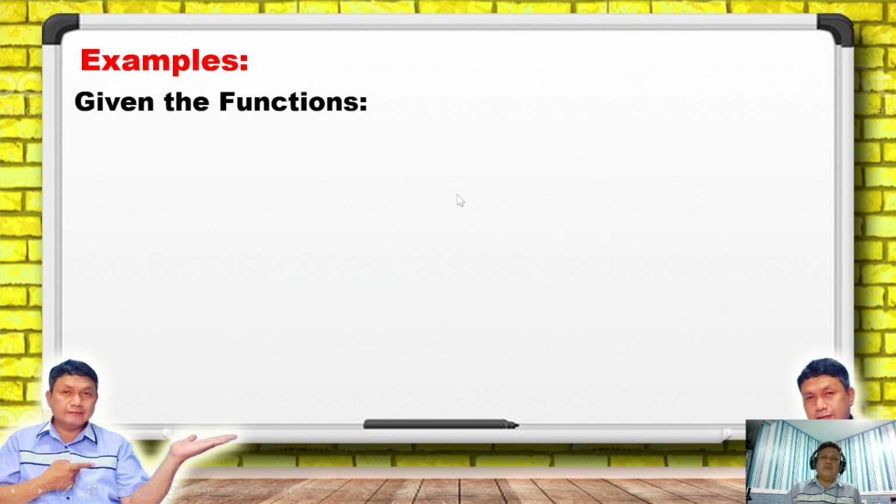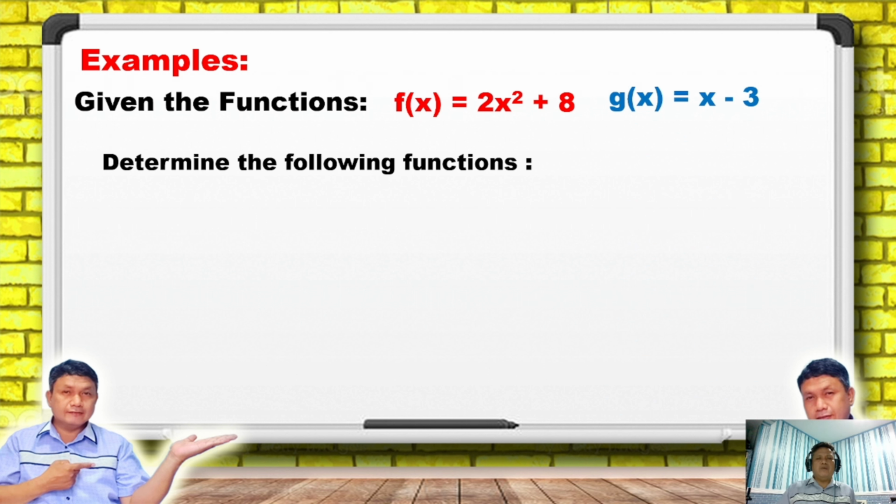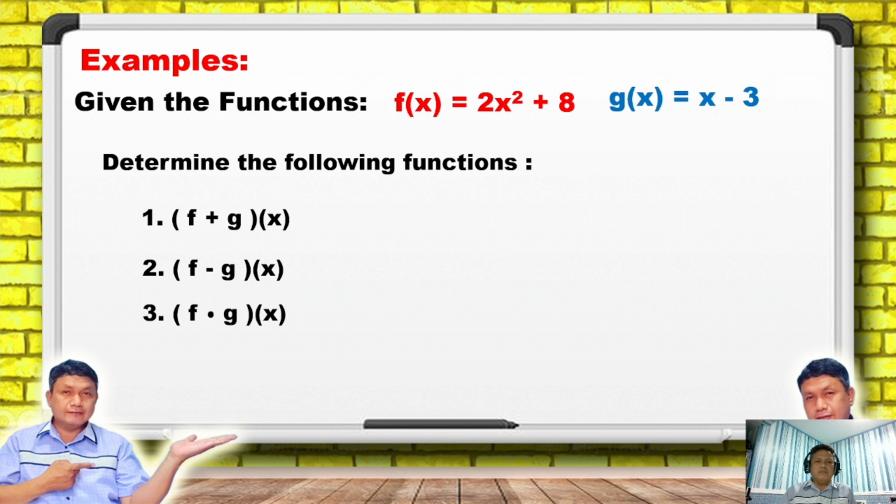By the way, given the functions, we have f of x is equal to 2x squared plus 8 and g of x is equal to x minus 3. What we're going to do, determine the following functions. So, ito po yung sasagutan natin. The first one, quantity f plus g of x. Number 2, quantity f minus g of x. Number 3, quantity f times g of x.